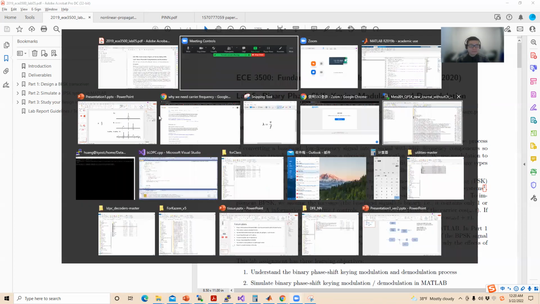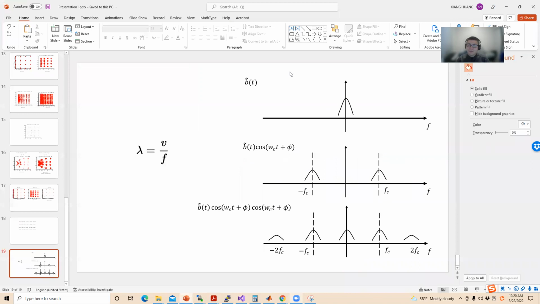But another reason is that if we check this formula, the wavelength formula, the wavelength equals the speed of light over frequency. Speed of light is a very big number, right? And if your frequency is low, which means your wavelength is very long.